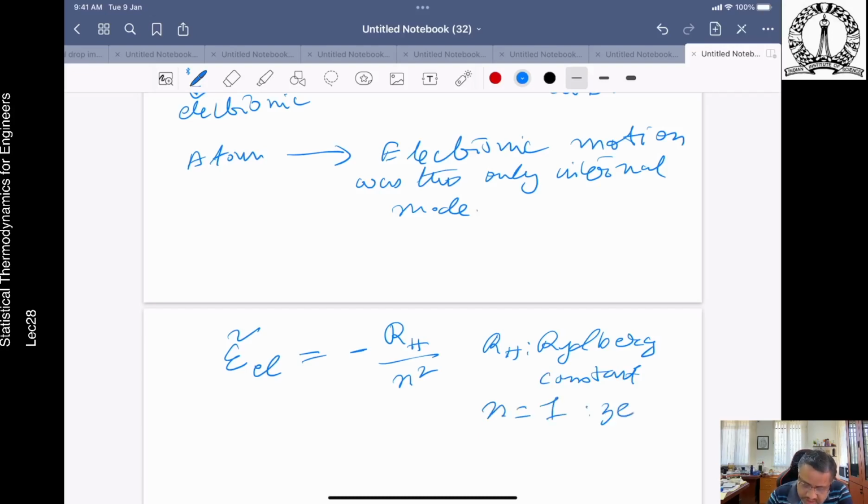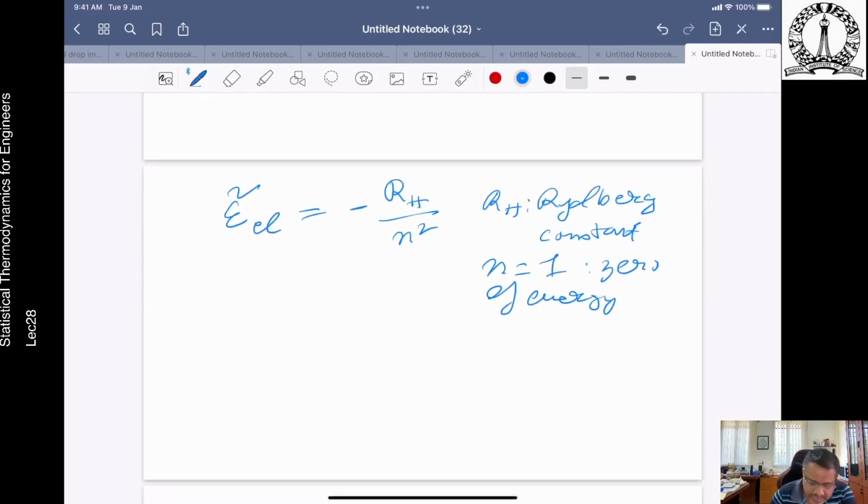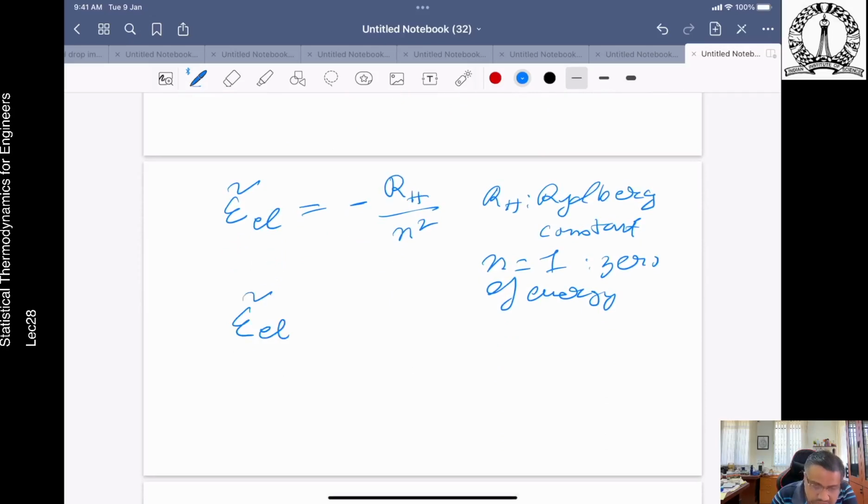This is the zero of energy. And therefore the electronic energy was written as RH times (1 minus 1 over n squared). So this was for atomic hydrogen.